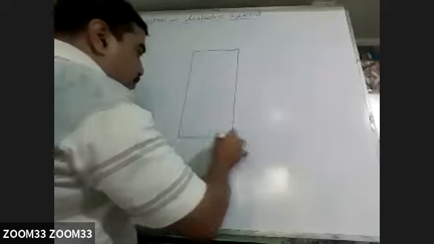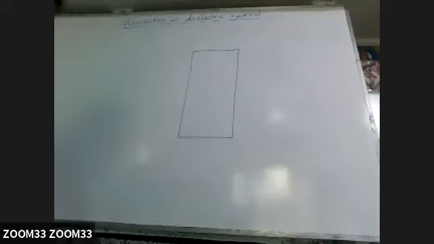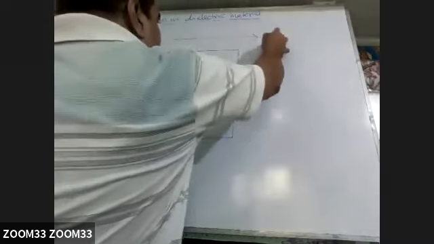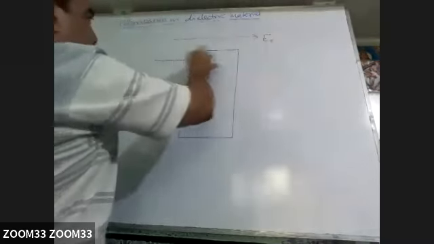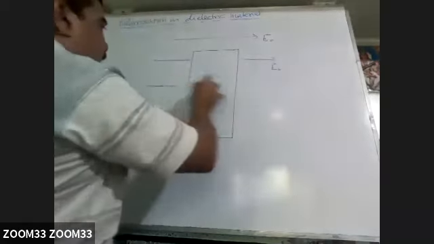So suppose this type of material is placed here. When this type of material is placed in an electric field, suppose we placed it in a uniform electric field, this is E naught, E naught everywhere.